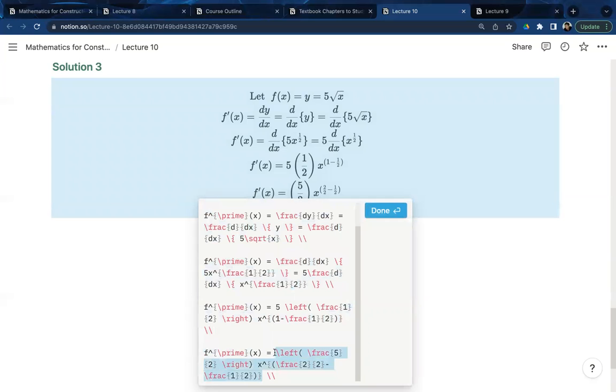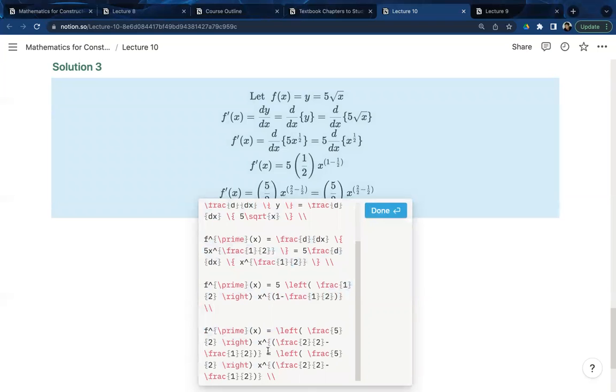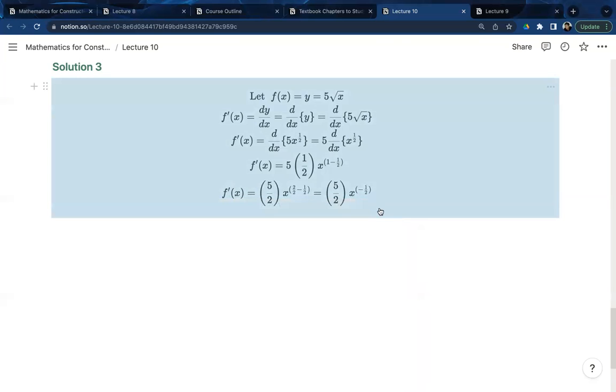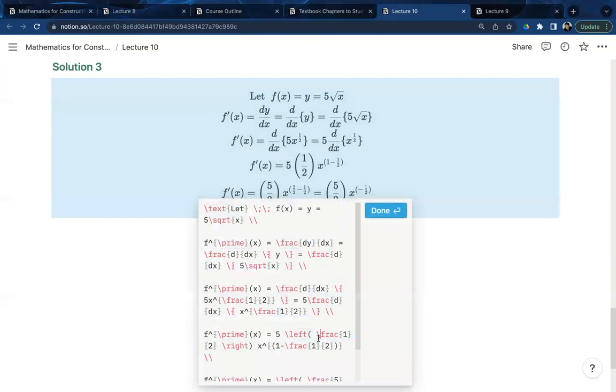Well, you could do that another way. 1 minus a half is just minus a half. So x to the power negative half, and I don't need the brackets at this point.